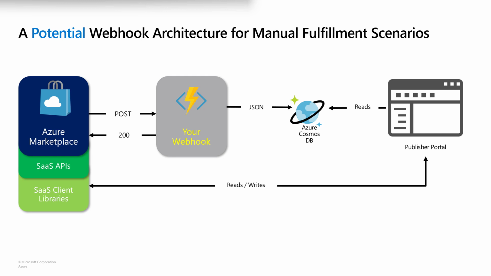It's much easier to read and write from the Azure Marketplace using those read and write capabilities of the client libraries. An example of one action you might want to perform is that once the work has been done of manually creating the tenant in the SaaS solution, then with your publisher portal, you go ahead and activate that subscription.